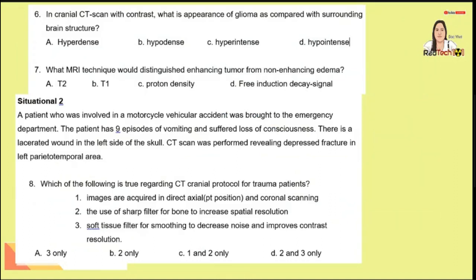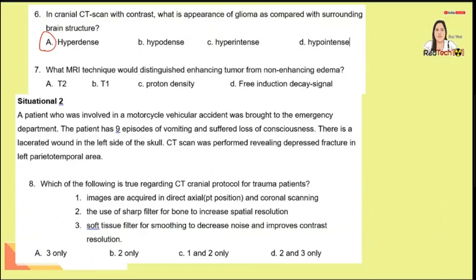Okay, number 6. For cranial CT, the appearance of glioma is hyperdense. So hyperdense if we are describing the images in CT scan, and hyperintense if we are talking about images in MRI. So CT is isodense, hyperdense, hypodense.